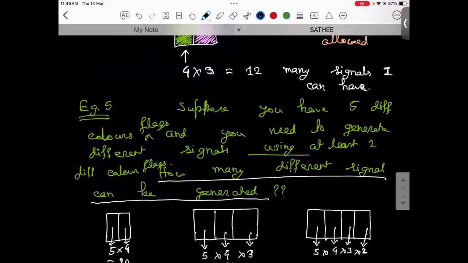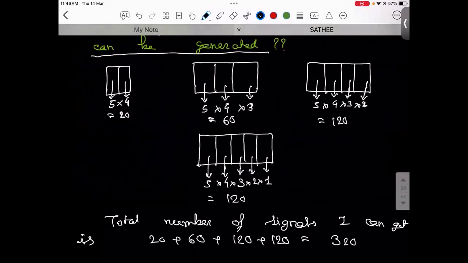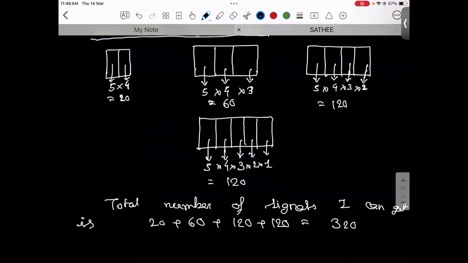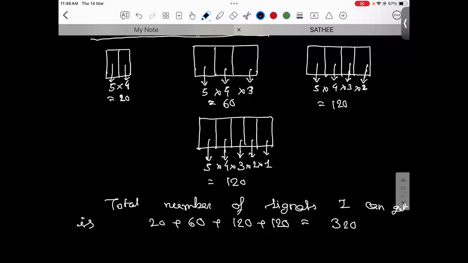Okay, now from here one can clearly see that I am using the concept of how many ways, without repeating, I can fill 3 boxes or 4 boxes or 5 boxes with different elements.